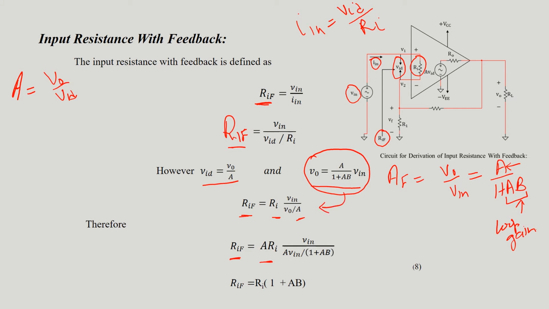A will cancel with this A and V in will cancel with this V in, and we are left with RI over 1 plus AB, and from here we can see RIF, that is the input resistance with feedback, is equal to RI into 1 plus AB in bracket.